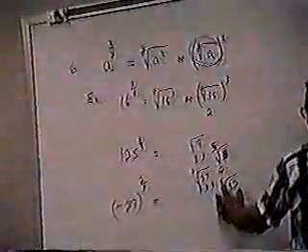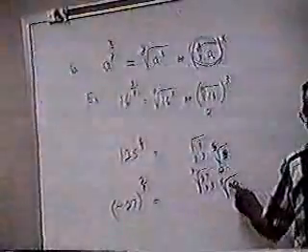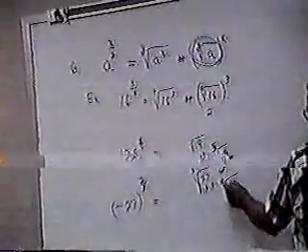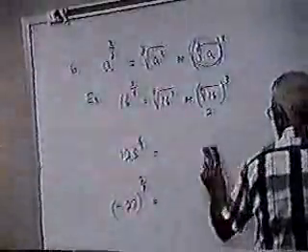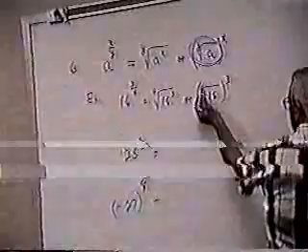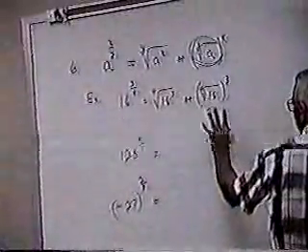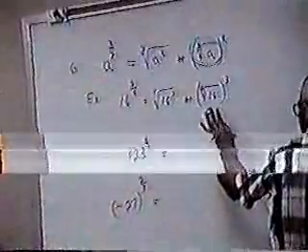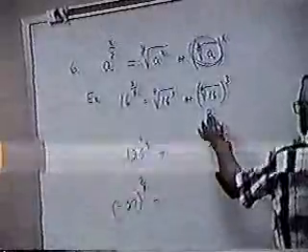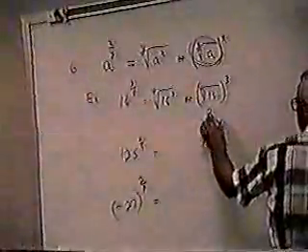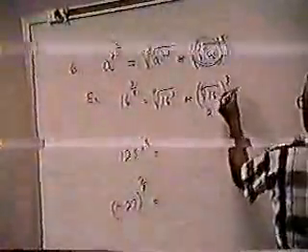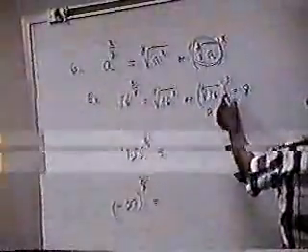So the 5th root of 32 is 2, because 2 5 times is 32. So that's what root means. So let's go back and look at this one. The 4th root of 16. What 4 times gives me 16? And the answer is 2. Then what is 2 raised to the 3rd power? 2 times 2 times 2, which is 8.